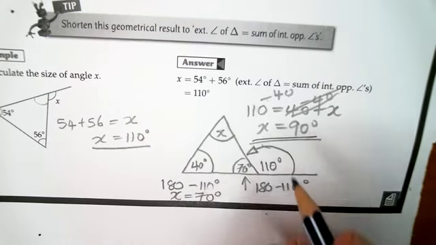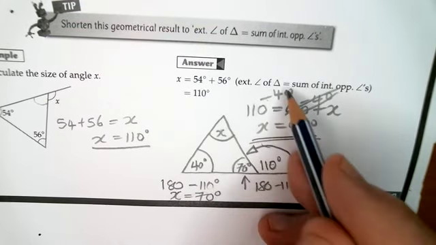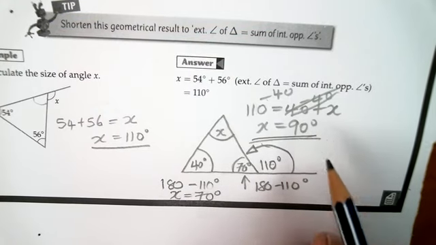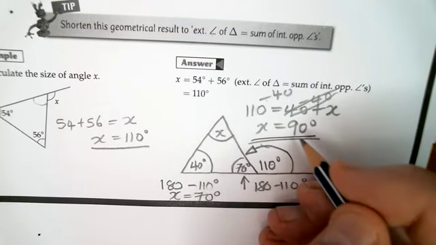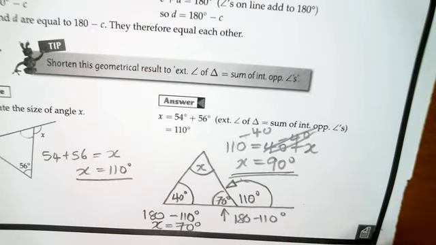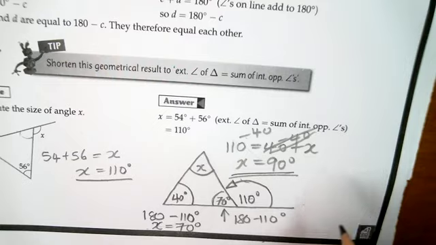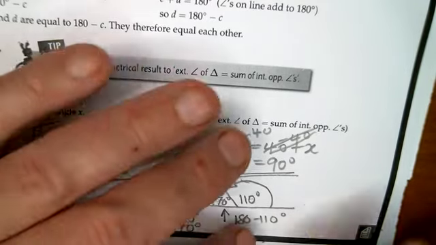And I made the same mistake here. Look at this. I'm just copying the same mistake over. This here is not 90. This one is 70. Crikey. Yeah, I've got to get this sorted. Okay, but I'm hoping that you good folks saw that. So we've got 110 minus 40 is not 90. It's 70. So this here is in fact 70.